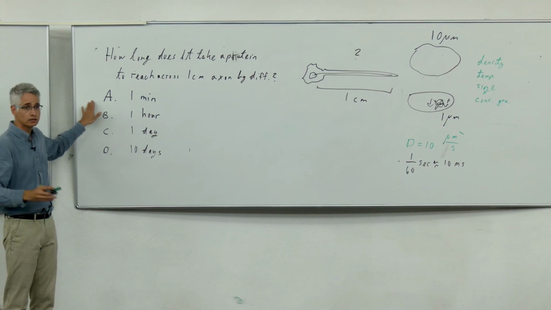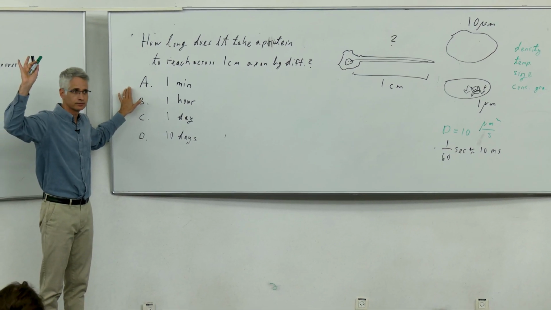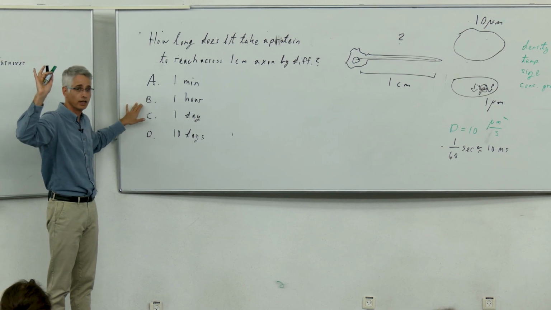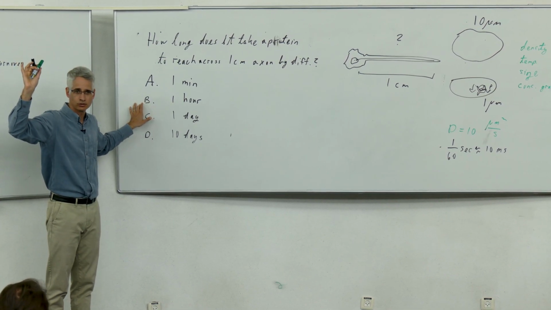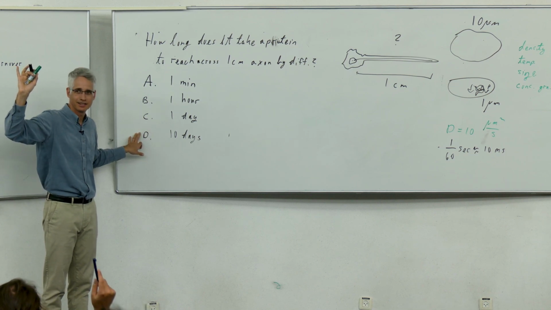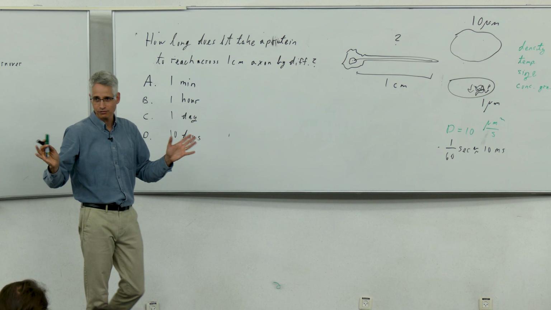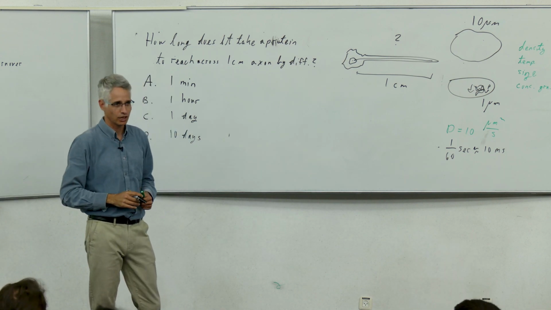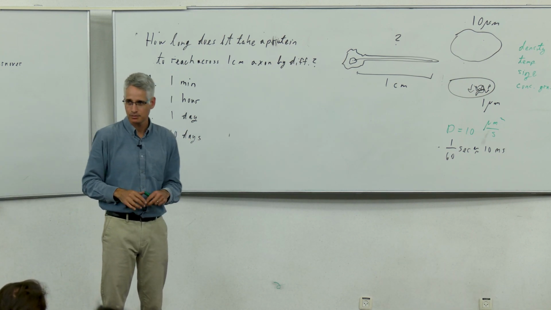Who's voting for 1 minute? A few. Who's voting for 1 hour? A few. Who's voting for 1 day? A few. Who's voting for 10 days? Okay, nobody wants. Okay, so we have 4 people for each answer, and half of the people abstained.